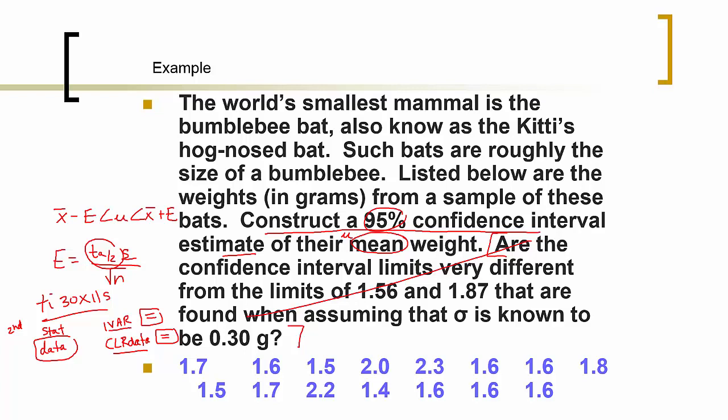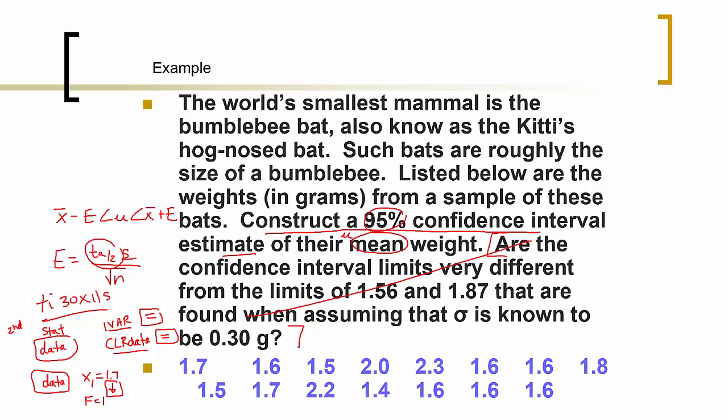Once you've set it up in stat mode and cleared your data, you can enter these values. Just press data, without the second, and it will say X1. Type 1.7 and then press the down arrow button. Then it says frequency, which is set to 1.